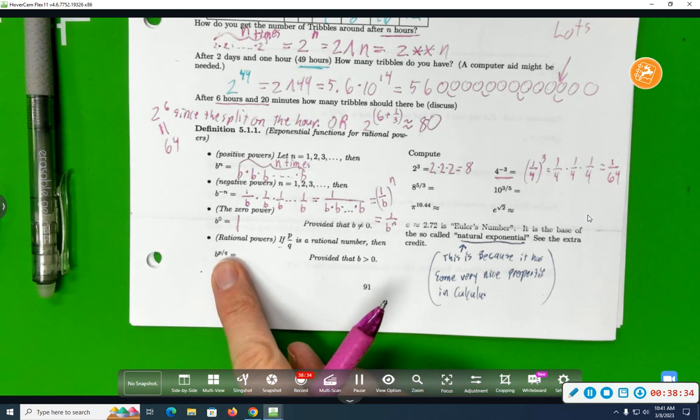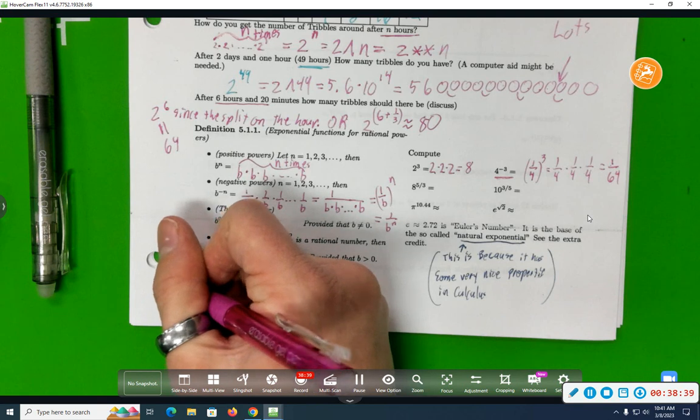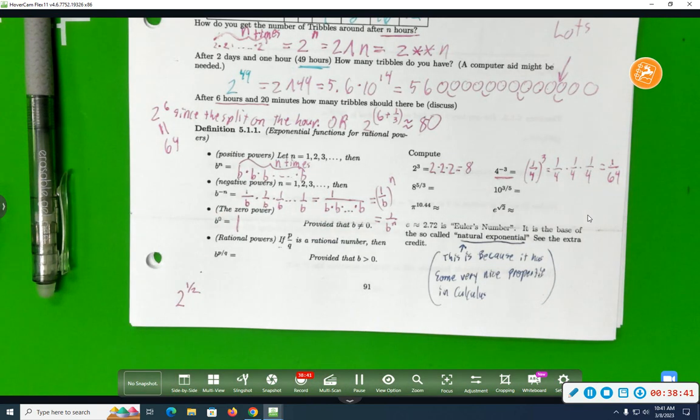Rational powers: b to the power p over q. To think about that, let's think about what 2 to the 1/2 should mean. Raising something to the 1/2 should be like the opposite of raising it to the second power. So the opposite of squaring. What's the opposite of squaring? Square root.